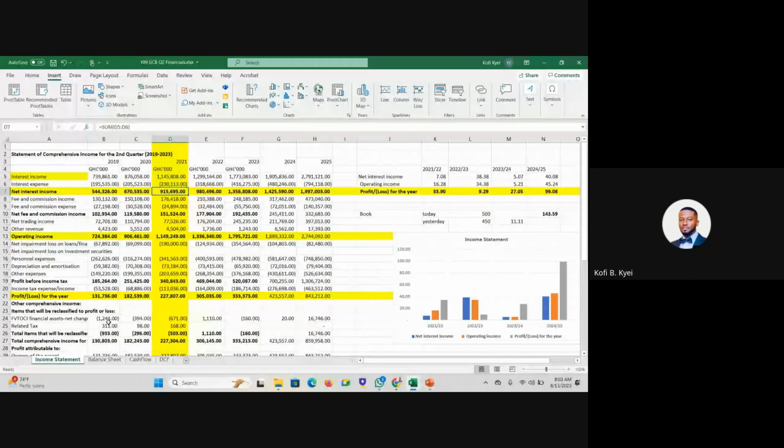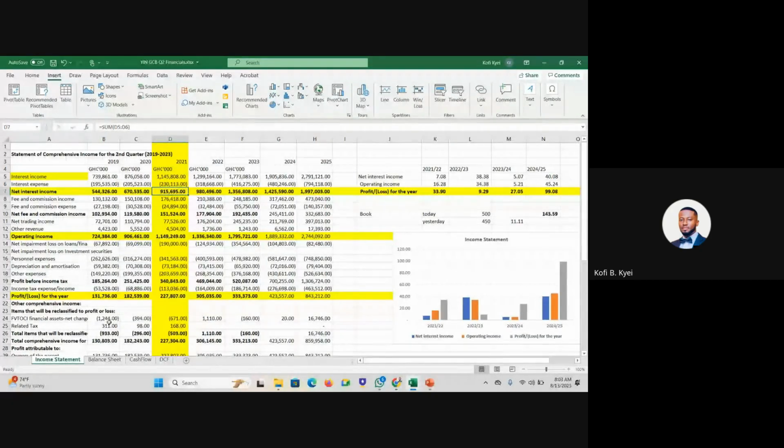I'll say yes and no. No, because it depends on the analyst. You, the analyst, decide which one of them to use. However, yes, because these are very crucial portions of the income statement. For every bank, net interest income is very important when it comes to their operations. The operating income too is very key, and we all know profit for the year.